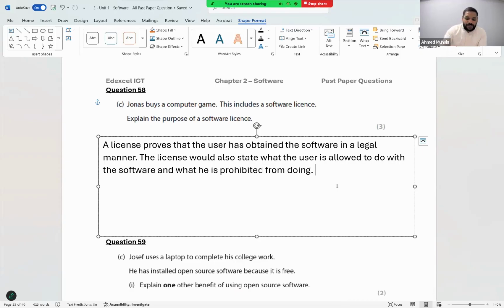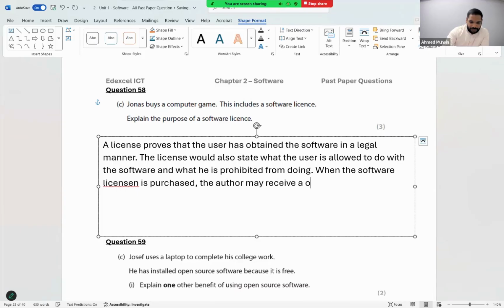Is it clear? You can also go on to say when the software license is purchased, the author or developer may receive a payment.